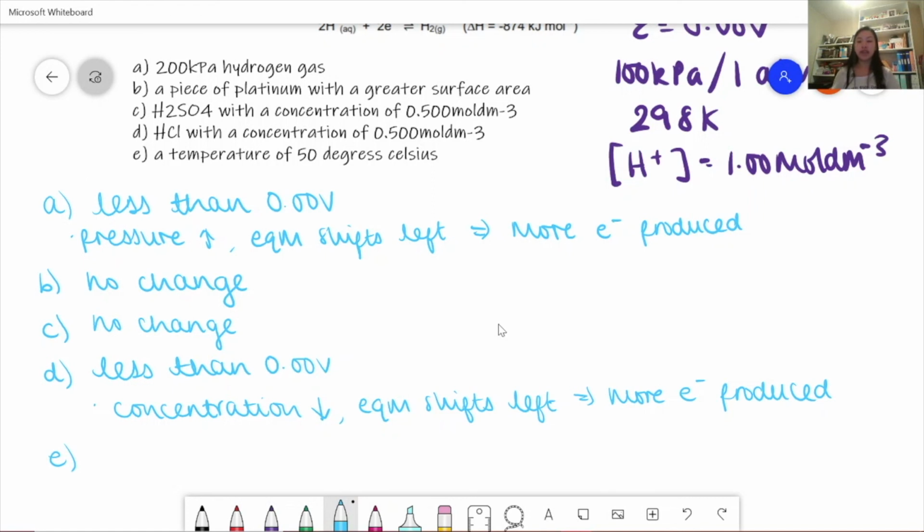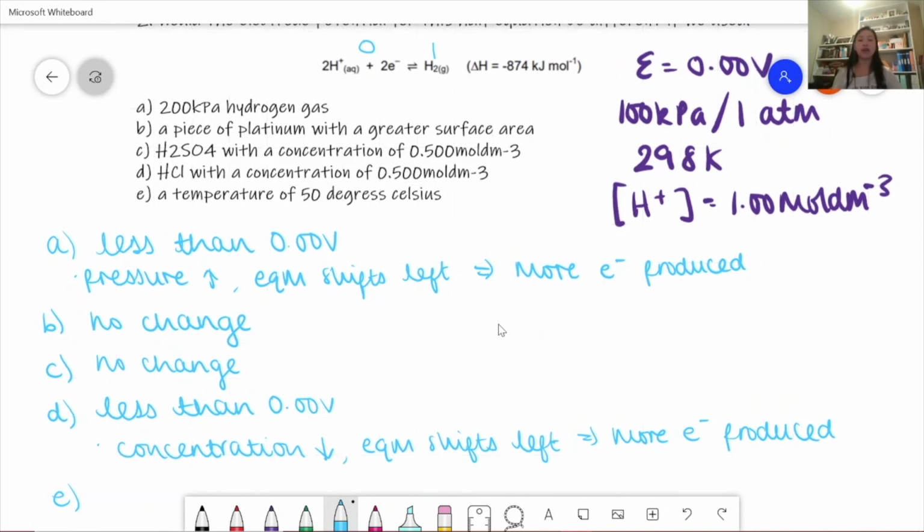And then for E, if we use a temperature of 50 degrees instead, the EMF will also decrease to less than 0.00 volts, and that's because increasing the temperature will shift the equilibrium to the left, and we can see that from the equation, because the enthalpy change is negative, which means the forward reaction is exothermic.